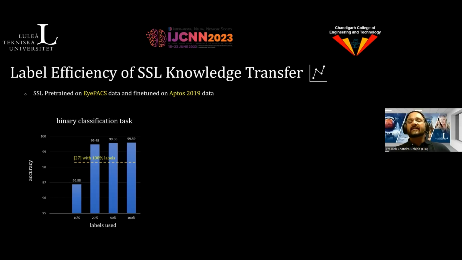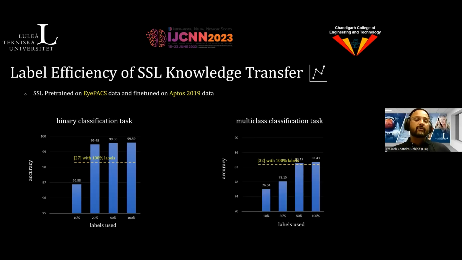Then it comes to the other part of knowledge transfer, the label efficiency. As self-supervised representation learning claims to learn effective representations, which should eventually cut down the requirement of label information, the label examples. Here we could see during binary classification that with only 20% of the labels on the APTOS dataset, we can surpass the previous work.